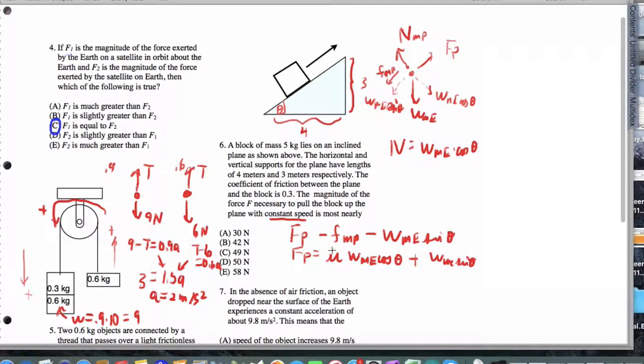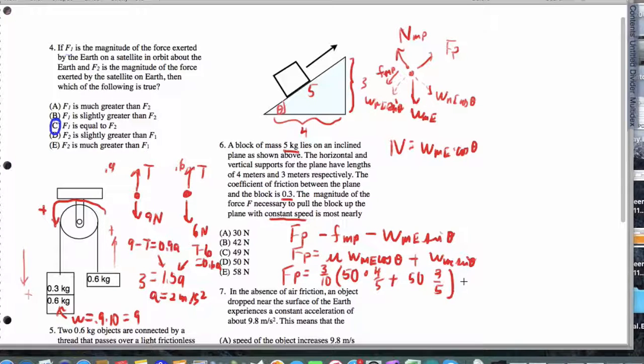Now let's plug in some numbers. So the pulling force is going to equal, this is 0.3, I'm going to make that 3/10 for mu. And then mg, that's 5 times 10, which is 50. And the cosine of theta, using SOHCAHTOA, is going to be 4/5, plus 50 times sine of theta, which is going to be 3/5.